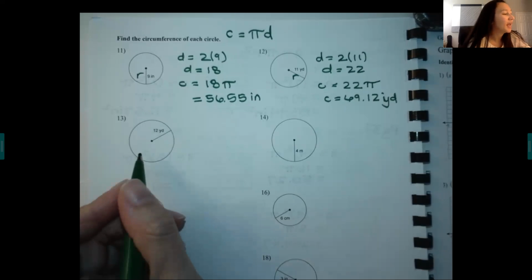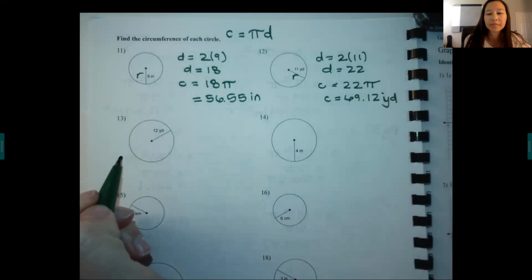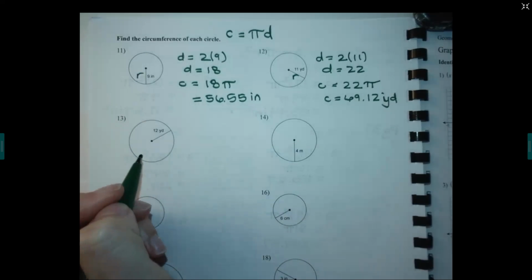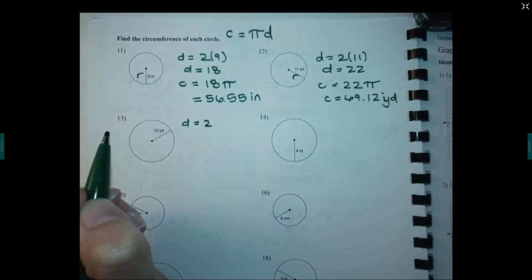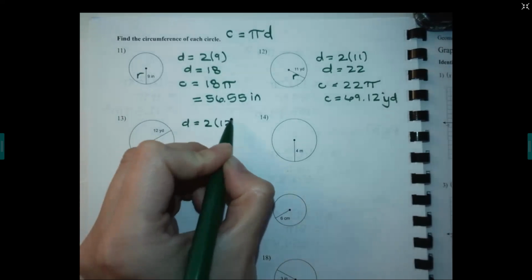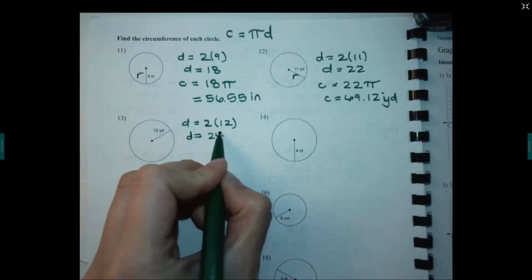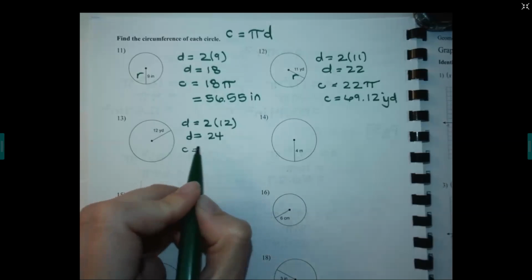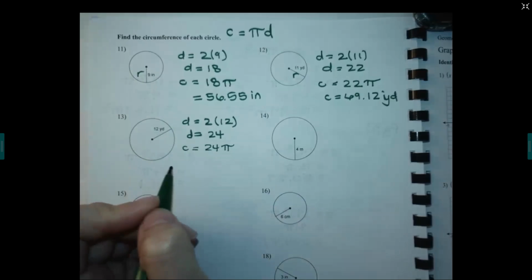Okay, Jose, what did you get for number 13? How did you do it? For number 13, I did D equals 2, and then in parentheses I put 12. Very good. Then I multiplied those and got 24. Good. And I did C equals 24 with the little symbol. But from there, I didn't really know where to go.